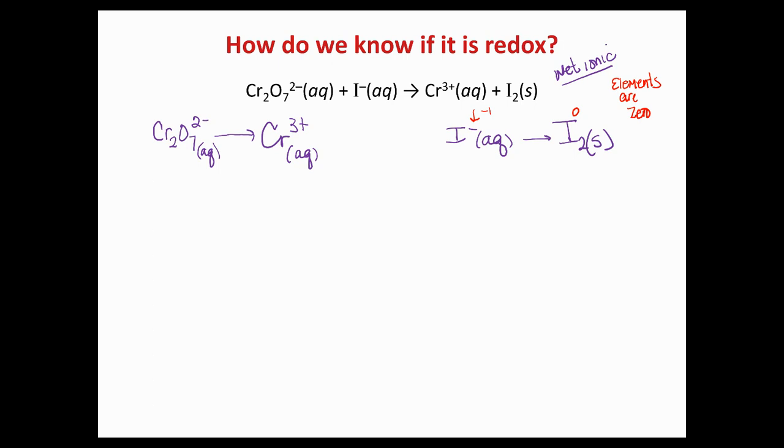So if you notice there, iodine went from -1 to 0. So it lost an electron. So that must be an oxidation. And since it's oxidized, it must be the reducing agent.